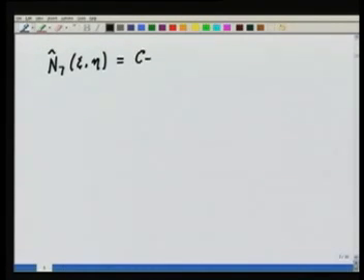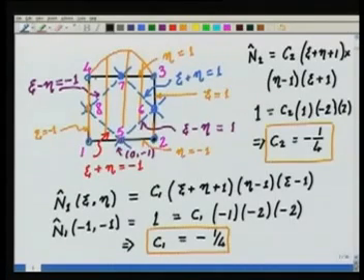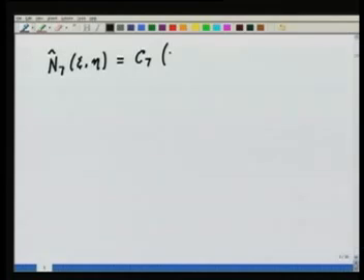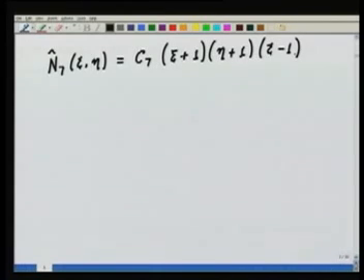So C7 into, it vanishes on the edge, this edge is psi equal to minus 1, this edge is eta equal to minus 1, this edge is psi equal to plus 1. So I will have psi plus 1 on the edge eta equal to minus 1, eta plus 1 on the edge psi equal to minus 1, and psi minus 1.